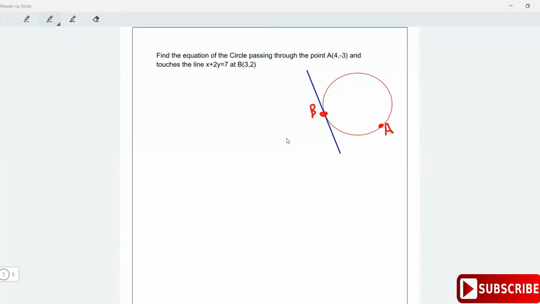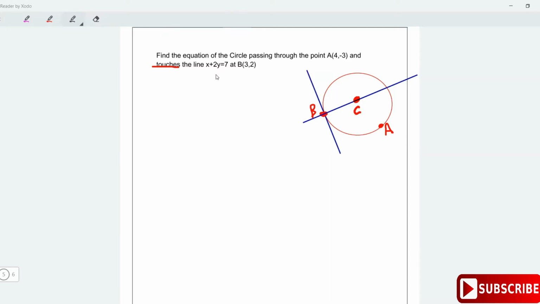Now look what we do. This line touches the circle, so the line is a tangent to the circle. If the line is a tangent, then the normal is a line passing through B, and the normal passes through the center, which we call C. Now this is the equation of the line.